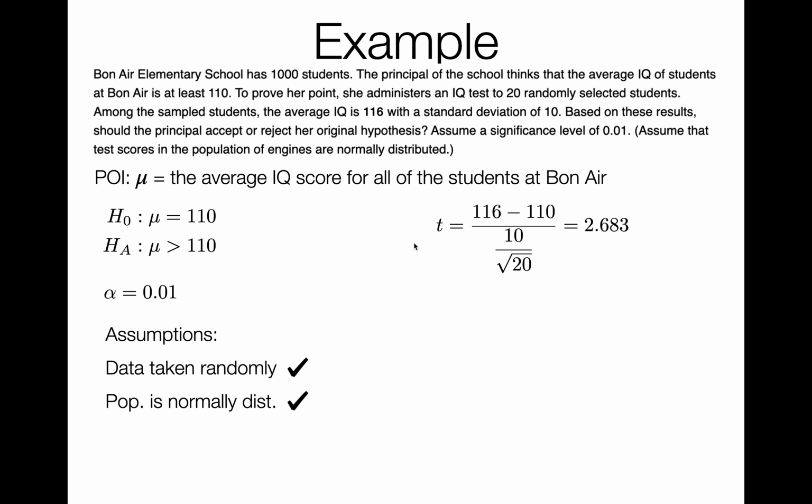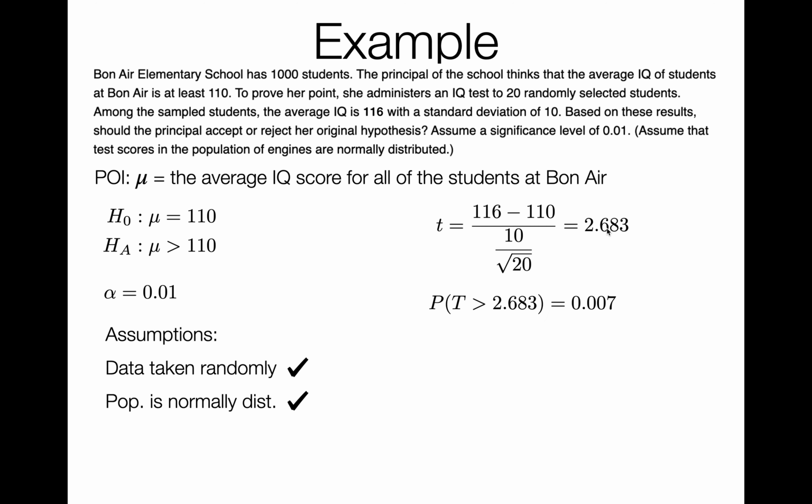Then let's calculate the t-score for that critical value. It's the point estimate, 116, minus the hypothesized value of 110, divided by 10 over the square root of 20. My t-score is 2.683. Great.